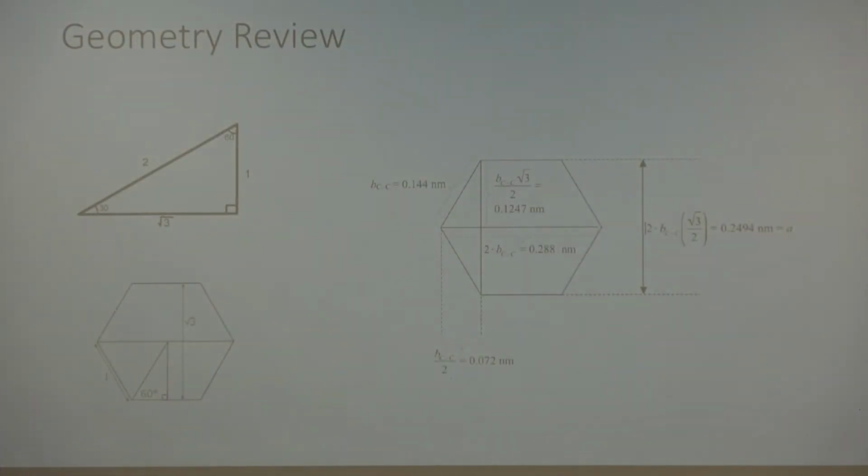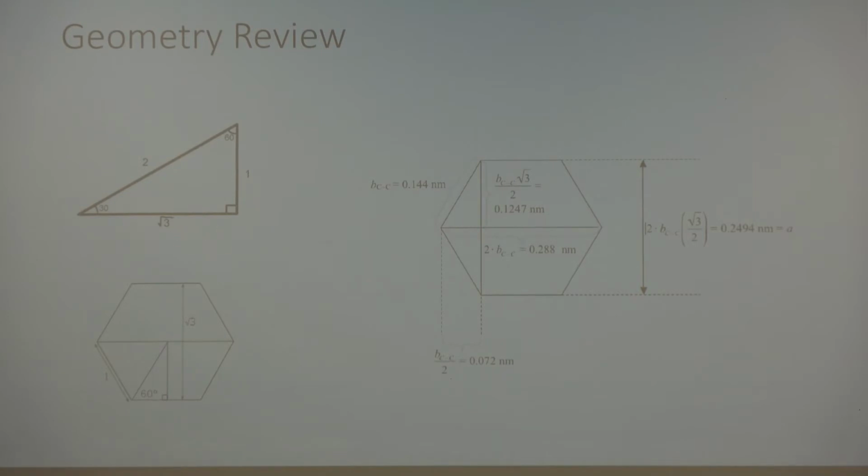And if we think back to some basic geometry about a hexagon, so here's a hexagon, and within this hexagon, we can have this 30, 60, 90 triangle whose dimensions would be 2, 1, and the square root of 3, right? Or 1, 1/2, square root of 3 over 2, right?